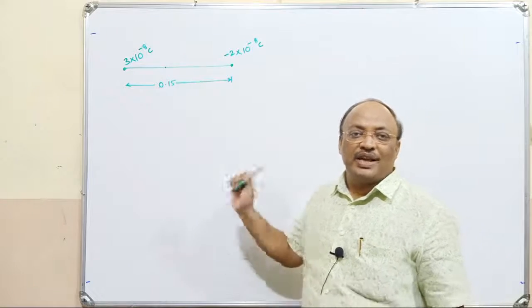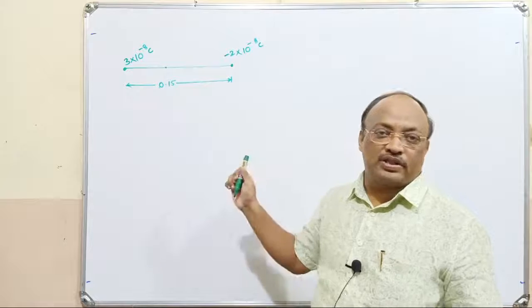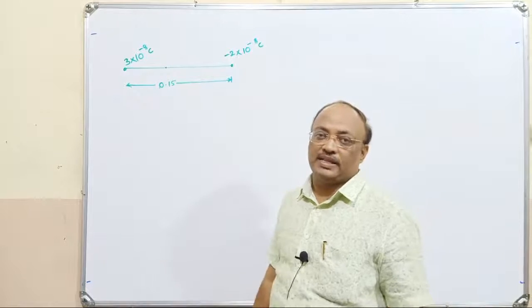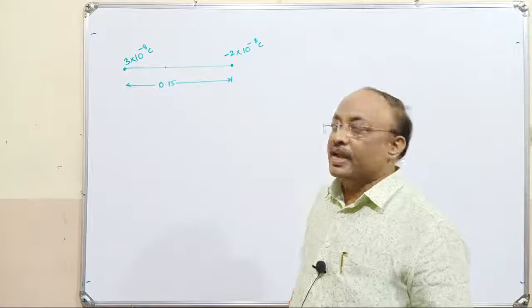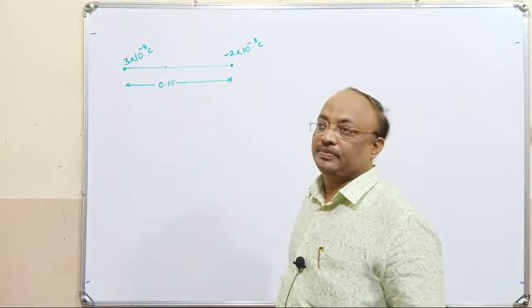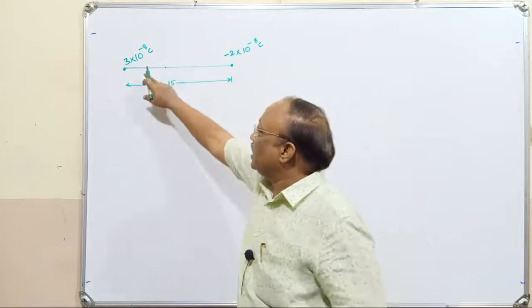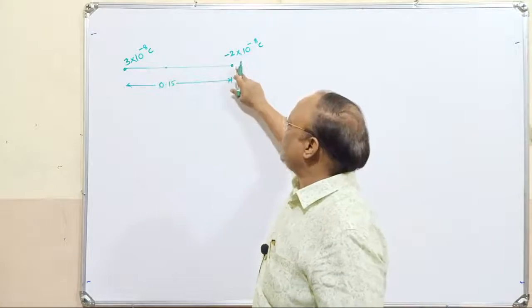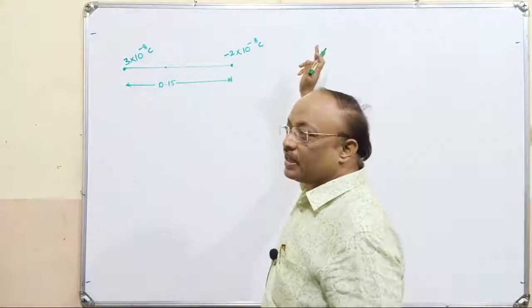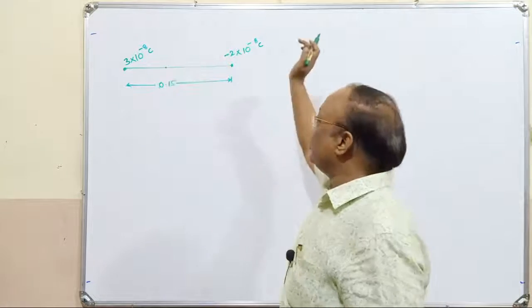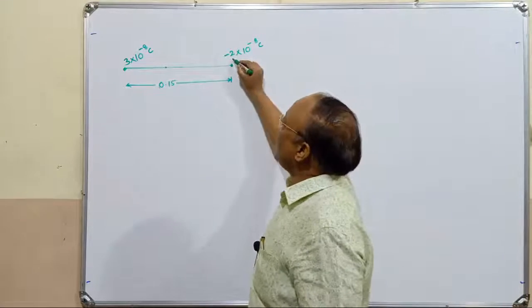And where does the other point where the potential is 0 lie? It lies on the line joining these two charges only, at a point outside these two charges, and that too, which side?